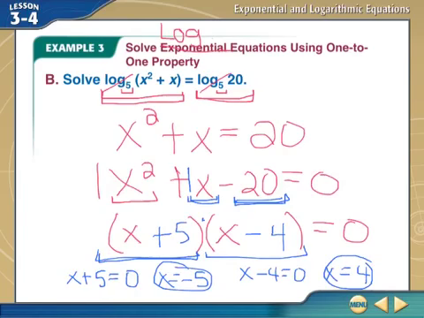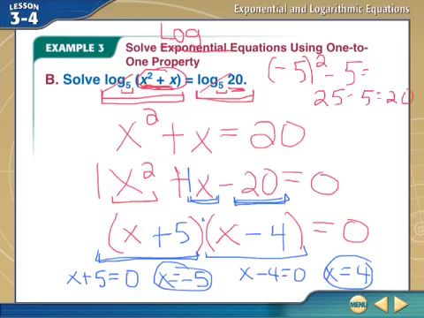If I double check my work here and go back into the original problem, I would substitute in negative 5 for x and make sure that I get 20 as my input, right? This whole expression here has to equal 20 because we're taking the logarithm base 5 of 20 on the right side. So negative 5 squared minus 5 is 25 minus 5, which indeed is 20.